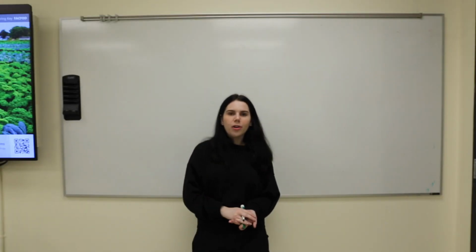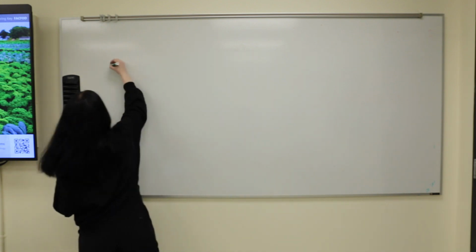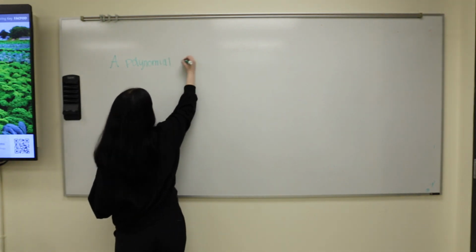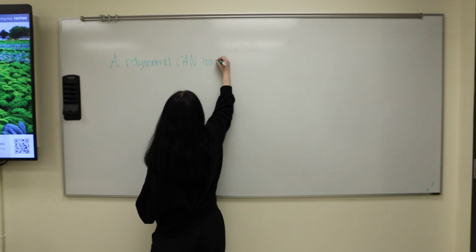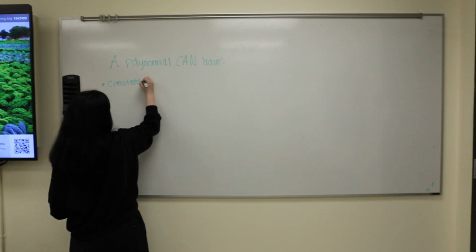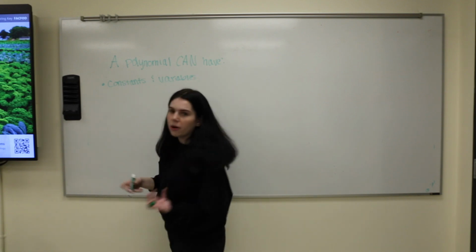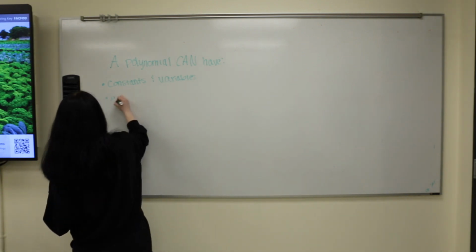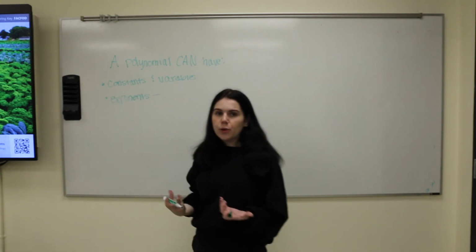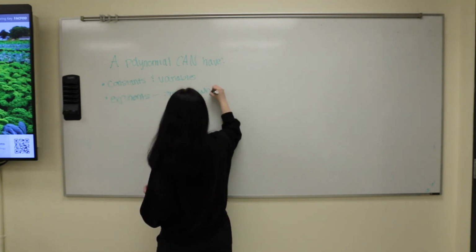So there are some rules about polynomials. There are some things that they can and cannot have. So a polynomial can have constants and variables. A polynomial can also have exponents, but it can only have exponents that are positive whole numbers.